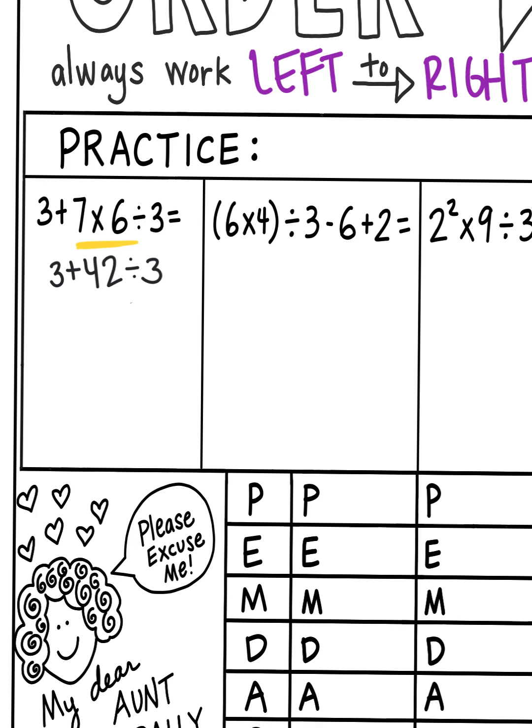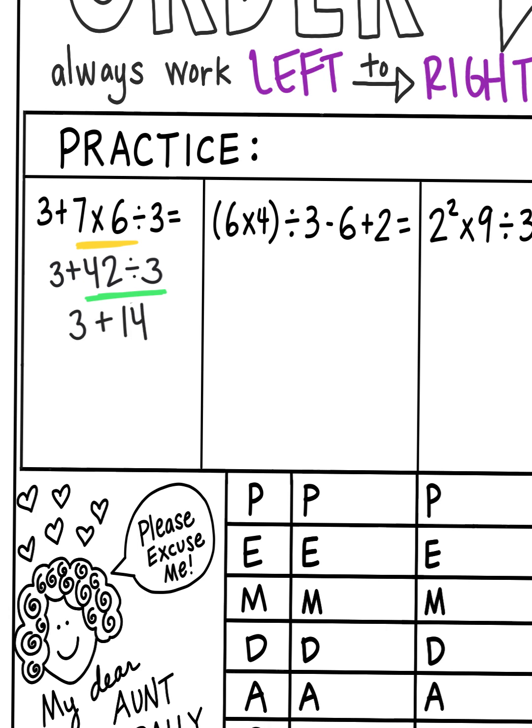I'm in the section that says multiply or divide, and I'm working it left to right, whatever comes first. So out of the problem that I have left, will I add first or will I divide? I'm going to divide because of the order of operations. So I'm going to divide 42 divided by 3, which is 14.